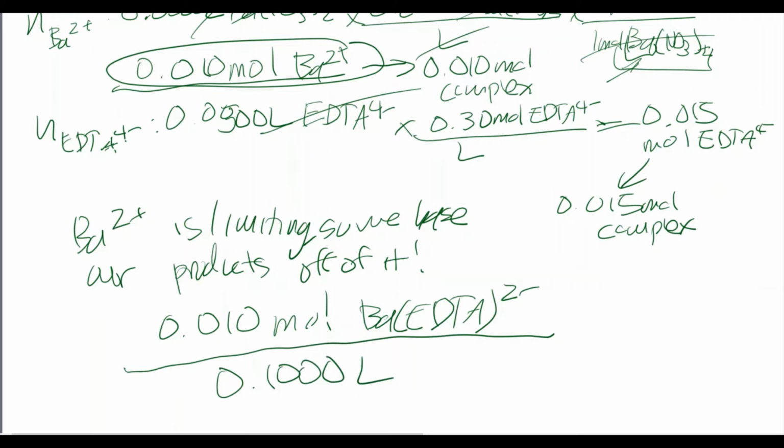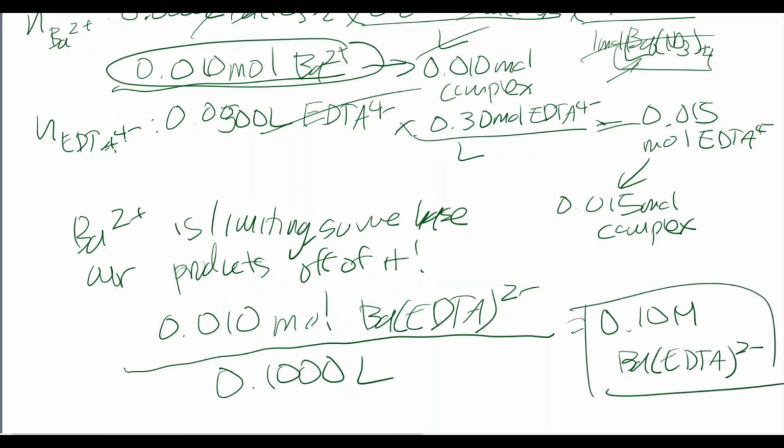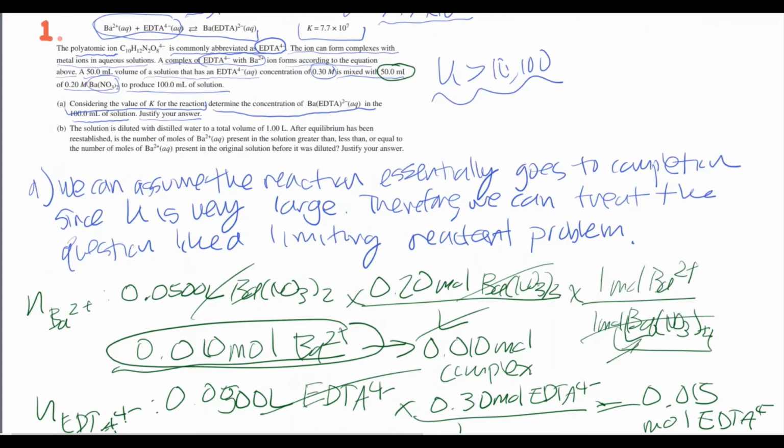And 0.01 divided by 0.1 is going to be 0.10 molar of the BaEDTA2- complex. Now that's the answer for A. Let's take a look at B.